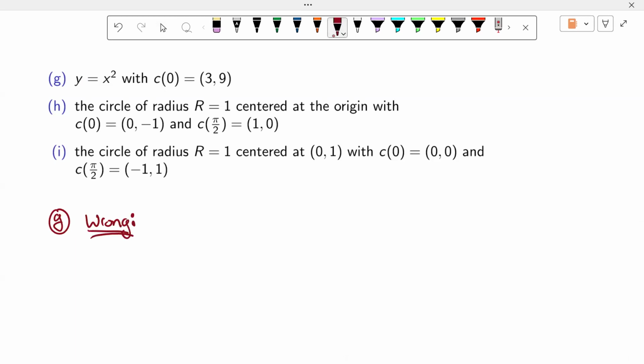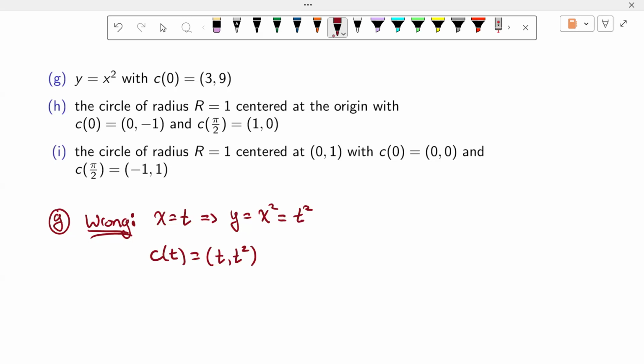Just so we're clear, this part's wrong. Here's what I can do. I can let x equal t, and if x is equal to t, then since y is equal to x squared, y is equal to t squared, and so I can just let my c of t be (t, t squared). And that'll give me a parabola.